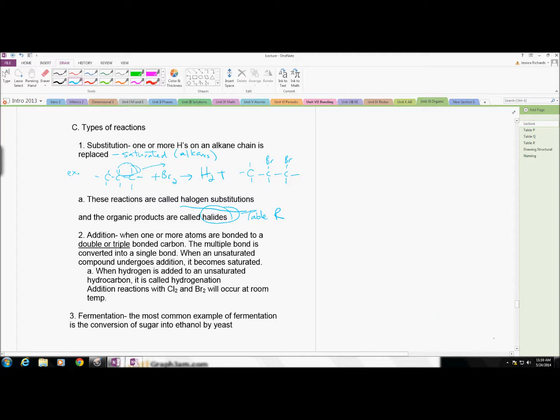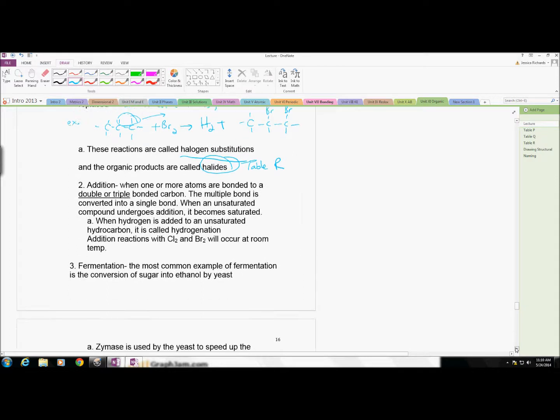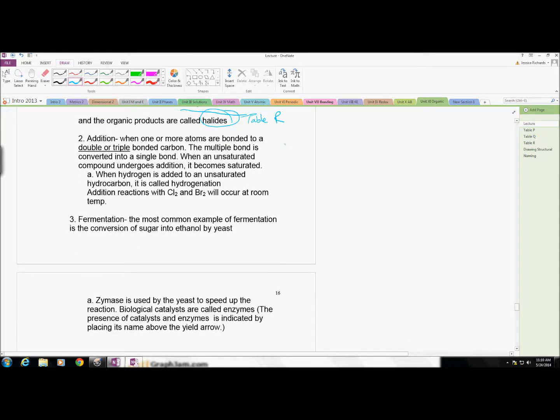In addition, we're going to be working with unsaturated hydrocarbons. So we are going to be looking at molecules with double or triple bonds in them, and we're going to break those bonds. So if I had a molecule with double bonds, and I were to add bromine, this time the double bond is going to break, and we have something like this.